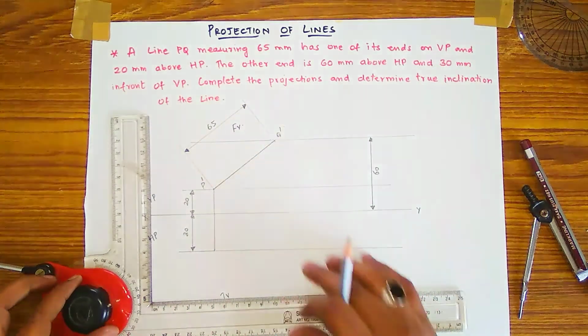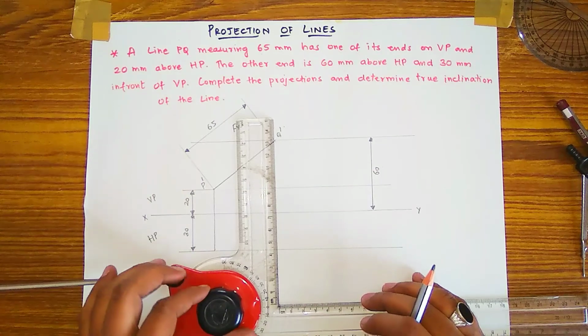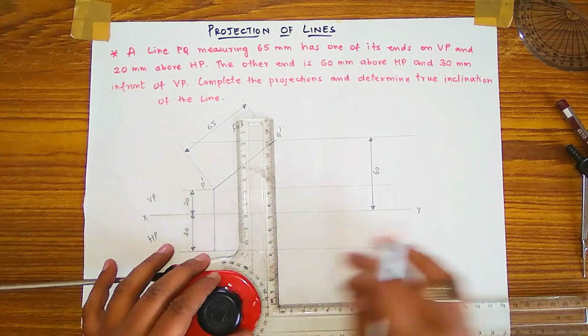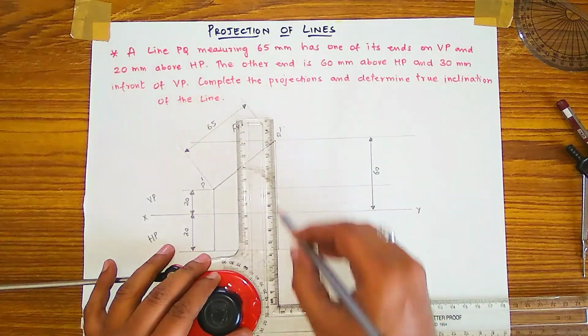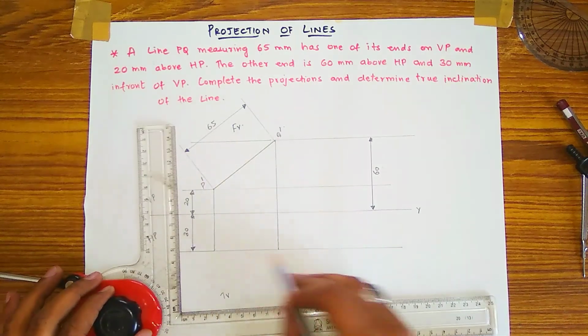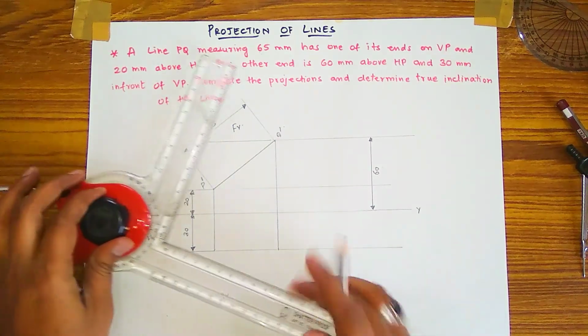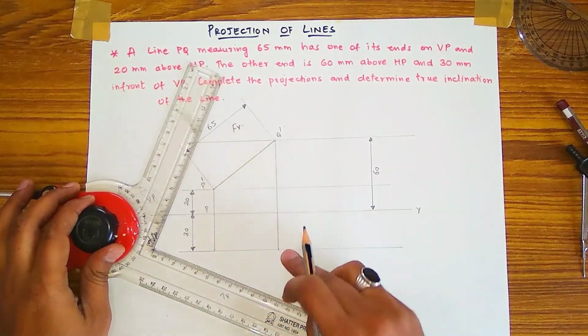From this Q dash you have to take a straight line downwards till this locus here. The locus is meeting here, so from this point will be P, because he has given only the distance of the other end.